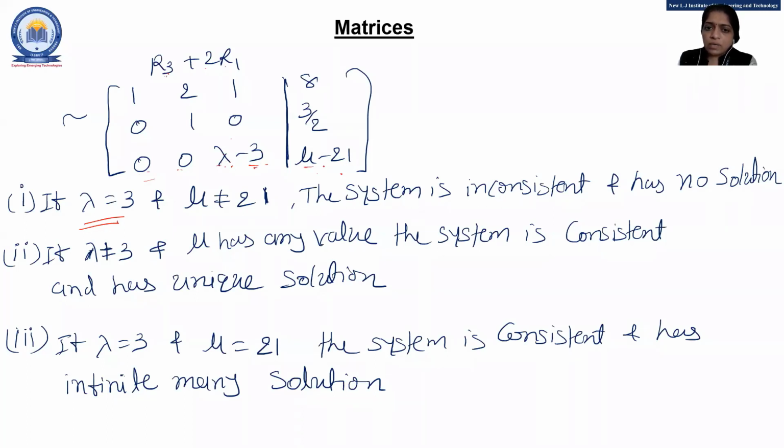And if mu is not equal to 21, then the right hand side is not 0. So for lambda equal to 3 and mu not equal to 21, the system is inconsistent and has no solution, because the left hand side elements are all 0 and the right hand side is non-zero. Any doubt, students, for this first solution?